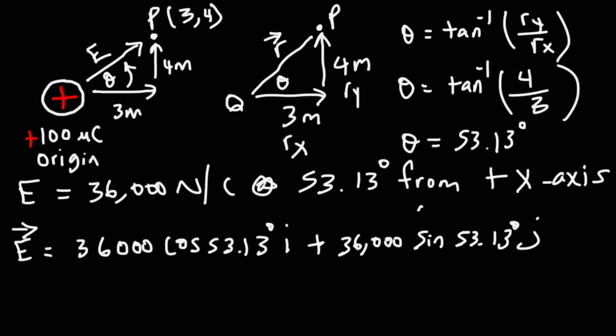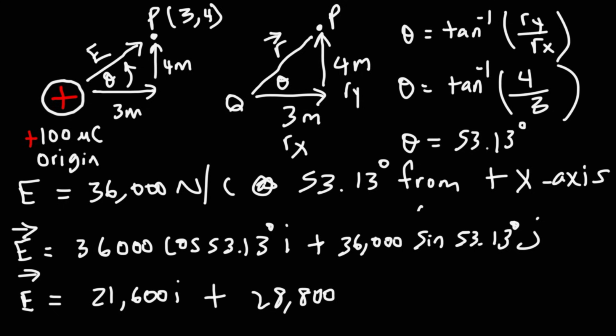So 36,000 times cosine 53.13 gives us 21,600 times the unit vector i. And 36,000 times sine 53.13 gives us 28,800 times j. So this is another way in which we can represent the answer.